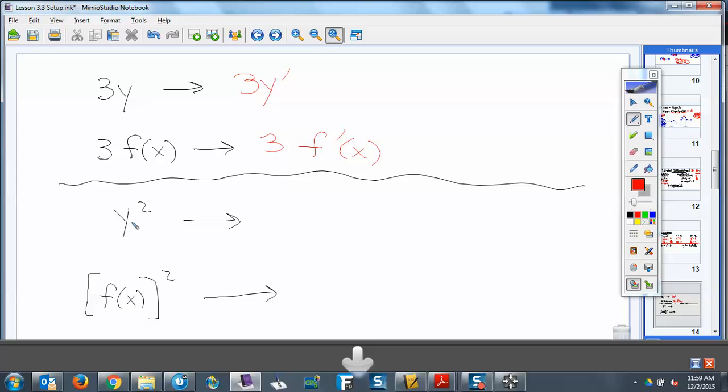Y squared. Now, I'm not sure what you guys would do if I told you to do the derivative of y squared. So let me substitute and write it this way. Now, would you agree these two represent basically the same thing? Right? So now you guys do the derivative of this. 2 f of x to the first.